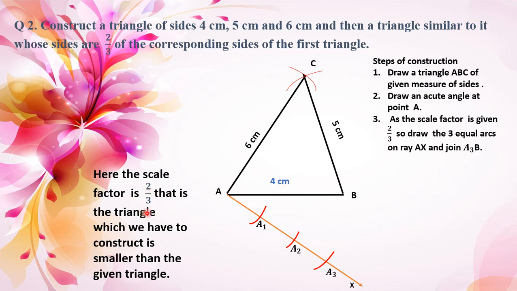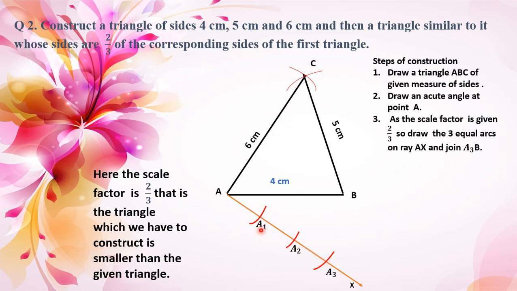If the ratio of the sides has a numerator greater than the denominator, then the constructed triangle should be greater than the given triangle. Here the numerator is less, meaning the triangle we construct is smaller than the given triangle.